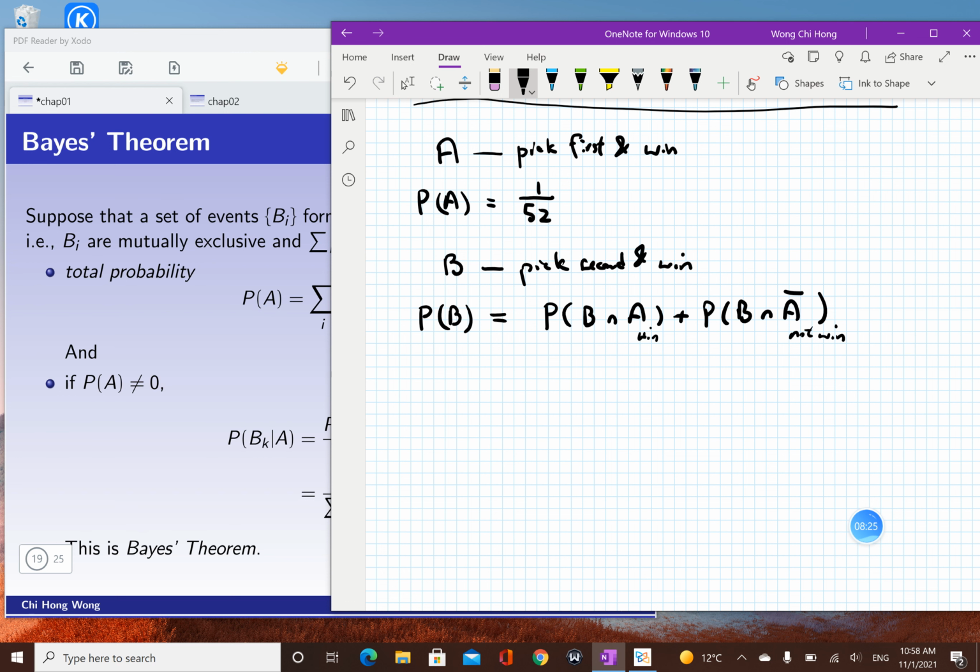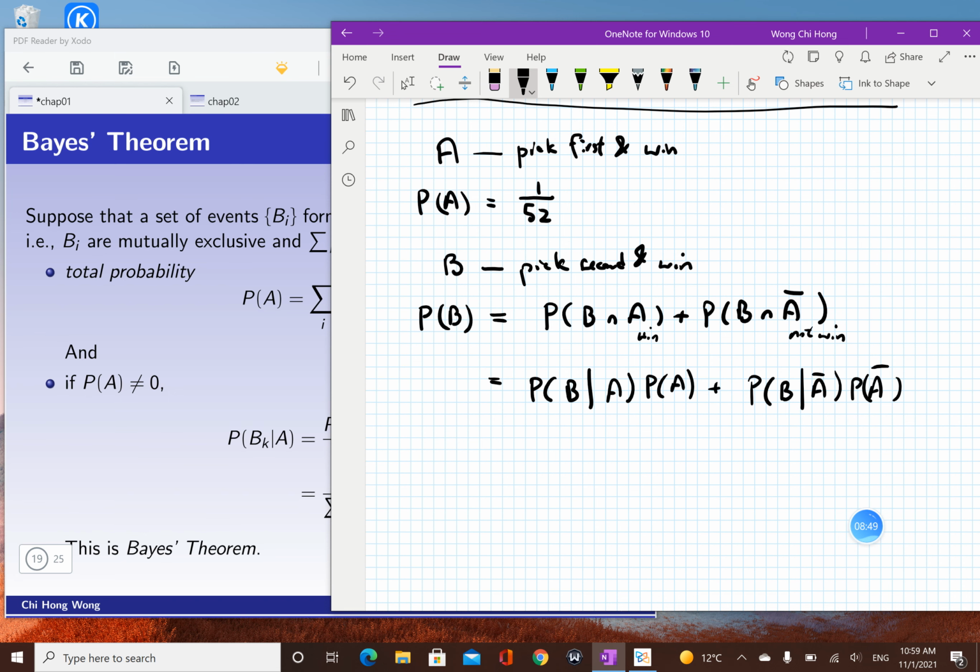So we can write it down as conditional probabilities as well: the probability of you winning given that he has already won, according to our formula, and then the second term, the probability of you winning given that he doesn't win.